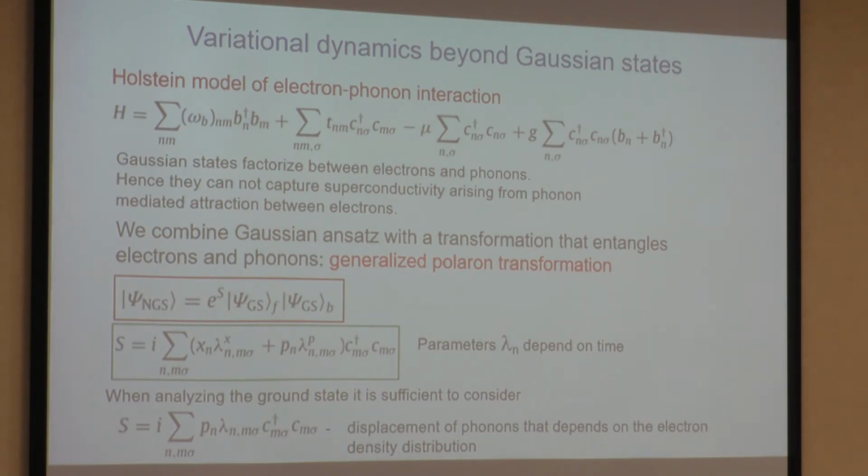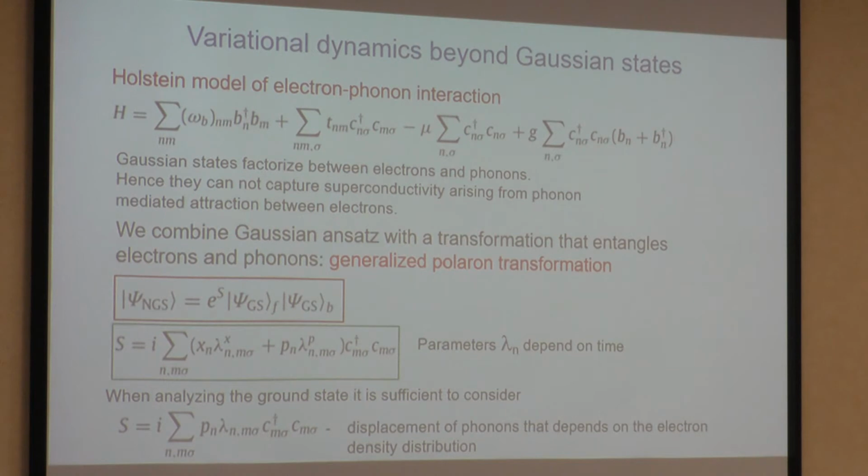But if you factorize electrons and phonons, you cannot capture such subtle things as superconductivity, the fact that fermions can exchange bosons, which then mediate superconductivity. There is entanglement between electron and phonon degrees of freedom, which we really have to capture. That's why we have to broaden our class of wave functions and go beyond Gaussians.